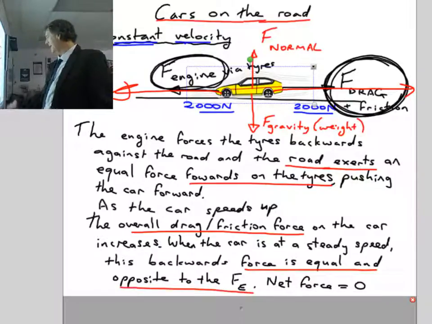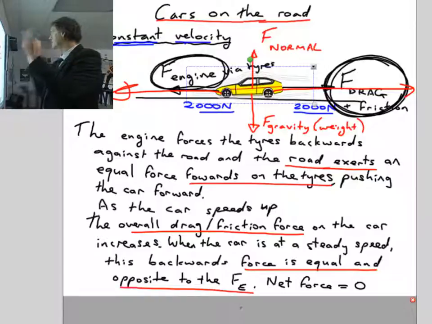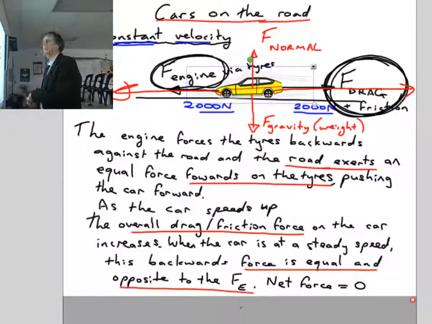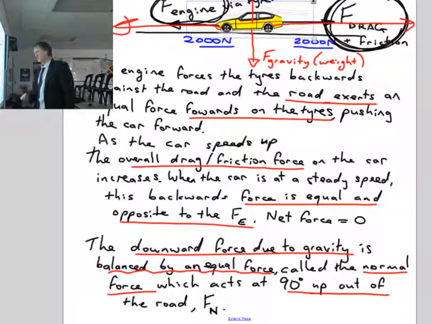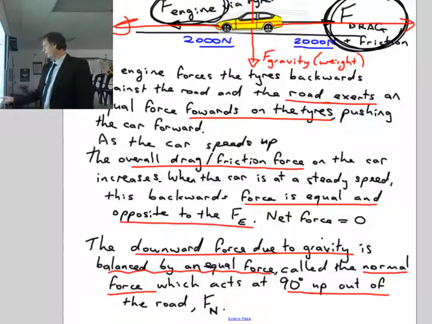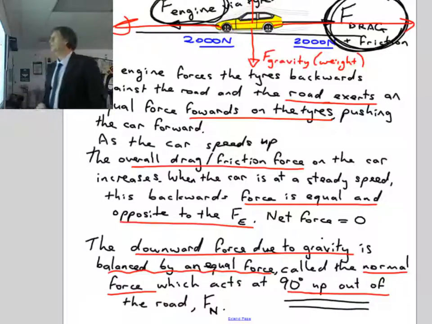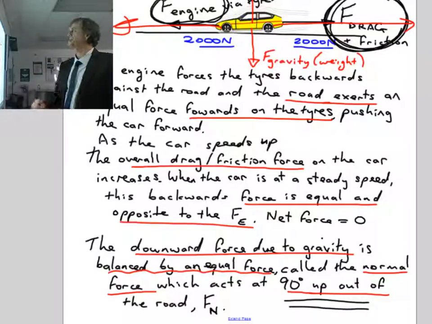It's still going to be equal and opposite as an overall force horizontally, so you get no net force, constant velocity because of no acceleration. If we go further down, don't forget the downward force due to gravity is going to be balanced by the equal force going up called the normal force, which is always 90 degrees up out of the road. So that's that situation.